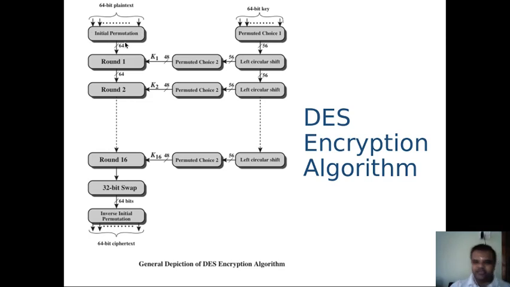Now, as we said, Shannon proposed that substitution and permutation have to be used so that you achieve diffusion and confusion. Take note of that. Initial permutation, we'll see what this is. There is some form of rearrangement of the 64 bits happening, and then you go into the round function.